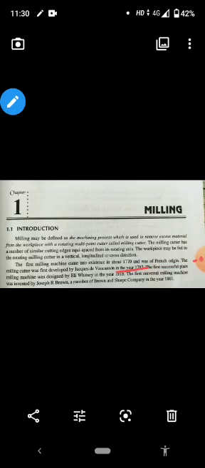The milling cutter was first developed by Jacques de Vaucanson in the year 1782. The first plain milling machine was designed by Eli Whitney in the year 1880, whereas the first universal milling machine was invented by Joseph R. Brown in 1861. So this was the history part. You have to cram this.